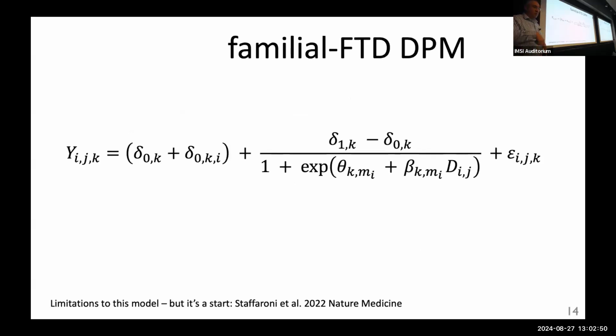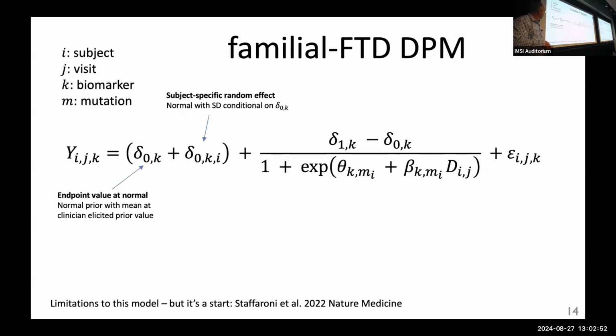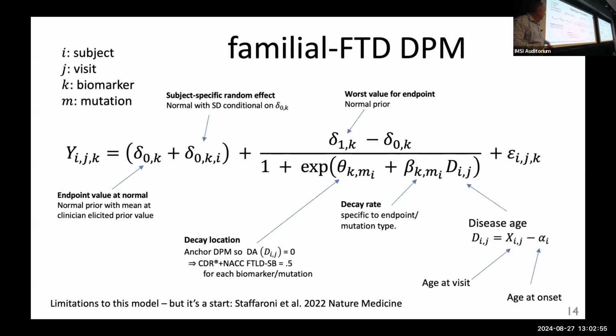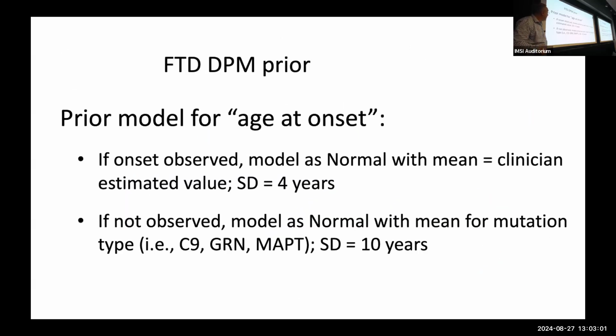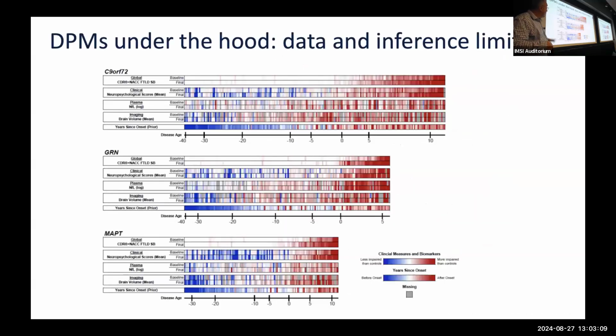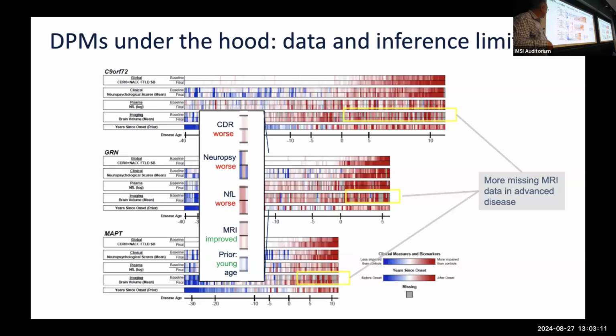We basically have some model to do this kind of curve stuff, but I'm going to skip right through that. Again, the tough part is the disease age there. And even though clinicians can come up with an age of onset, there's a lot of variation there. I'm just going to say these models kind of fit.